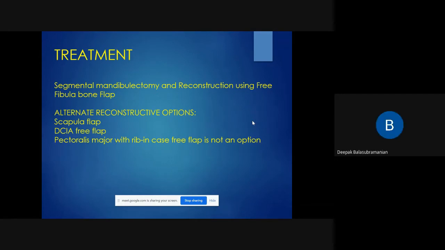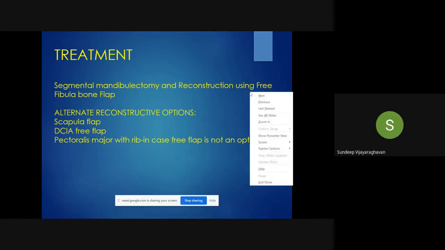Shrikant sir, please ask your question. You can unmute yourself, sir. I don't think anybody else can unmute him; he can only unmute himself.